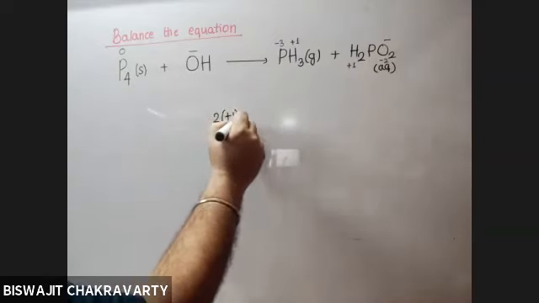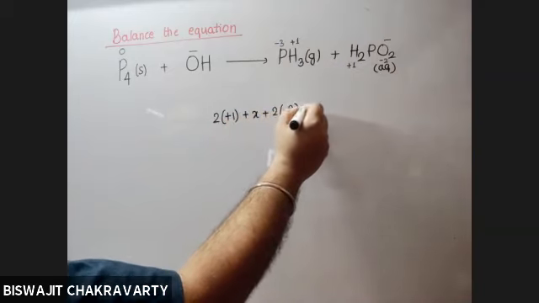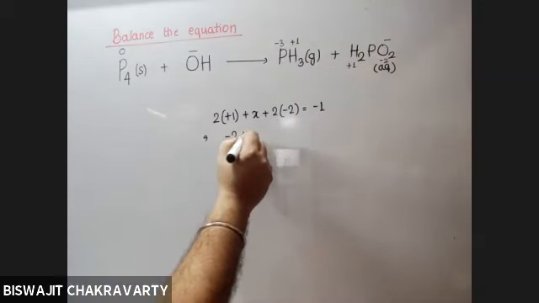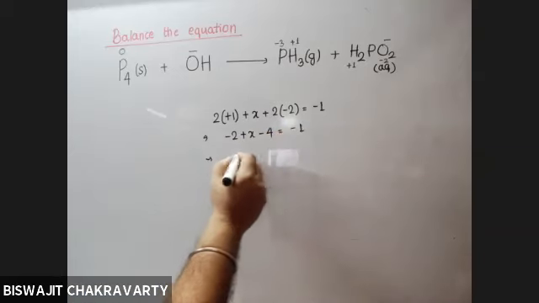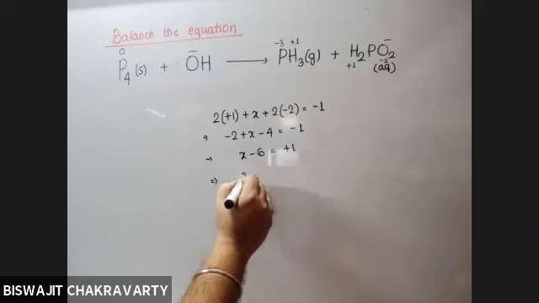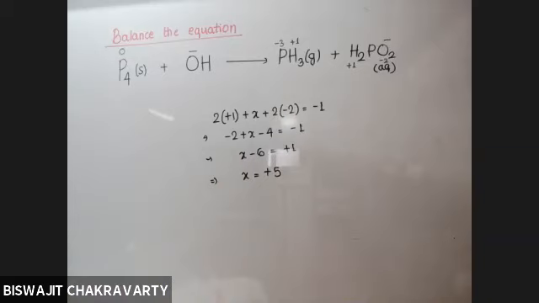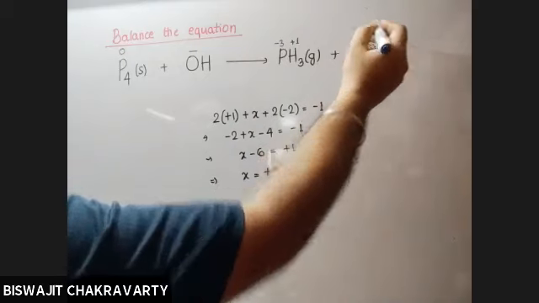Two into +1 plus x plus 2 into -2 equal to -1. +2 plus x -4 equal to -1. x -2 equal to -1. x will be +1.